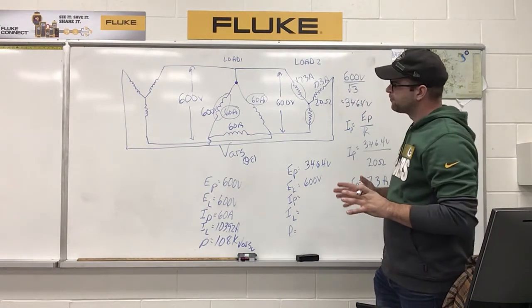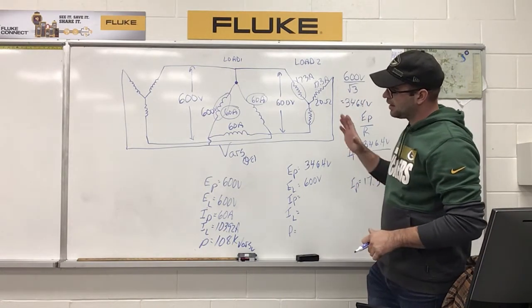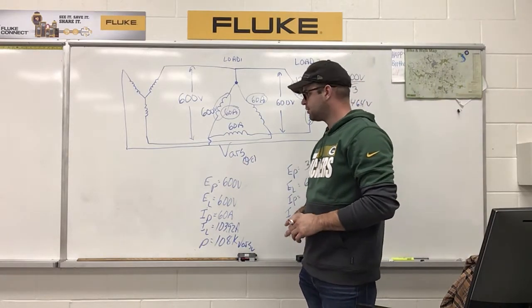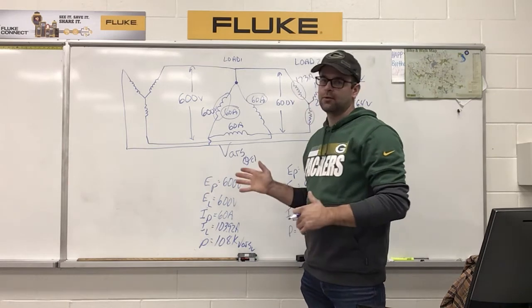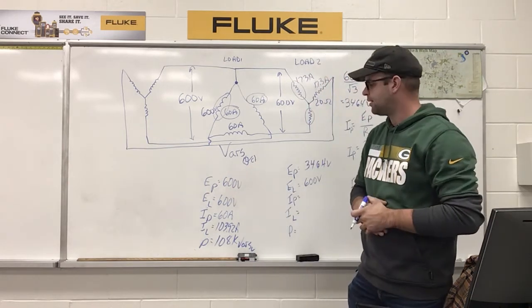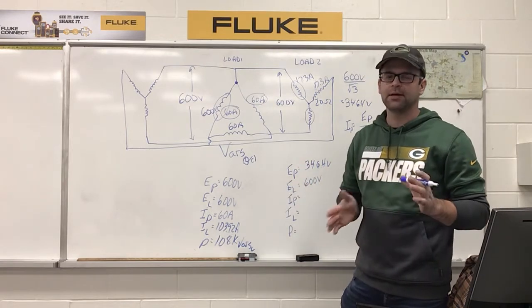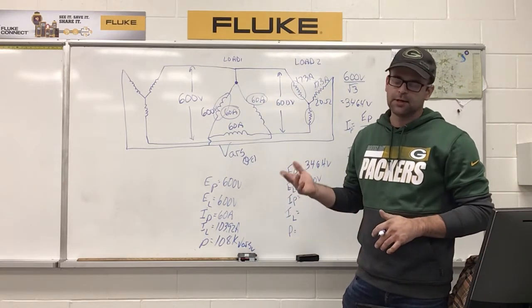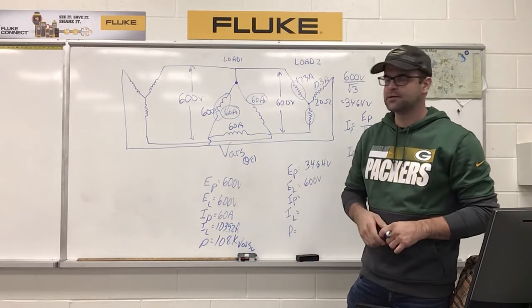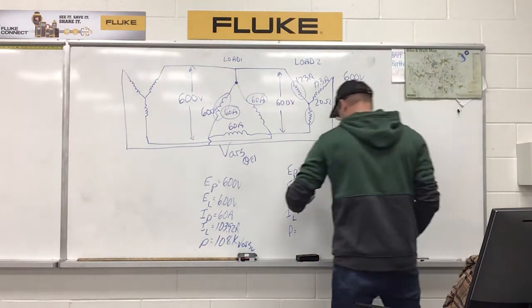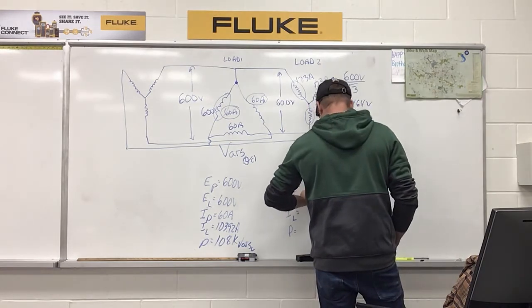At the end of the day, I'm more concerned that you know how to go through the process of doing the math more than how many decimal places you have. Typically, it is good to keep 2, but I did start with 1, so we'll just keep it at 1 decimal. So we had 17.3 amps.